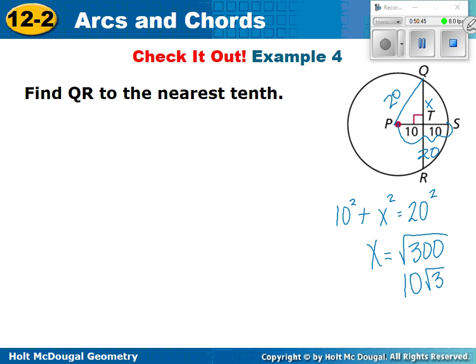But that's x. If x is 10 square roots of 3, so is this distance. So what is QR? 20 square roots of 3. And then if you plug that in on your calculator, what is that to the nearest tenth? 34.6? Okay. All right, if you are confused on either one of those, please come in and see me.